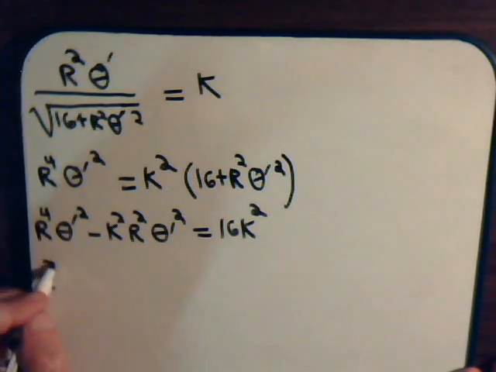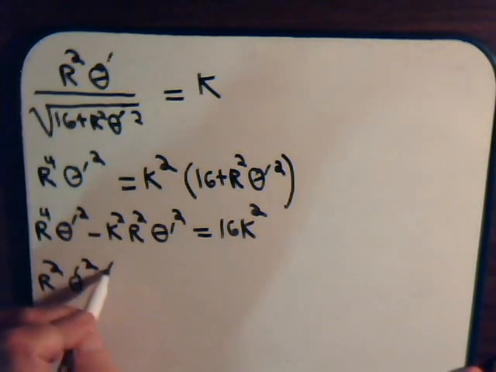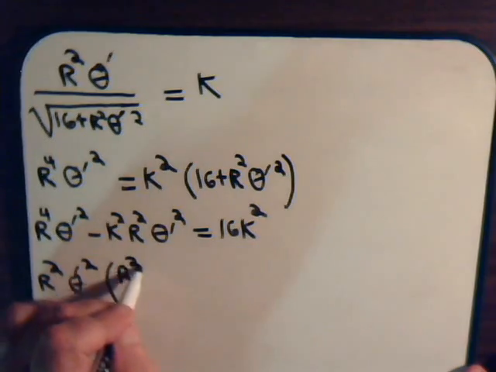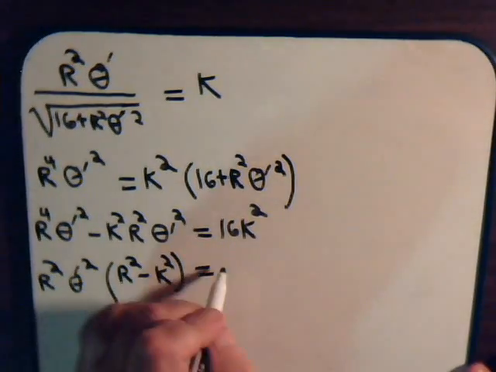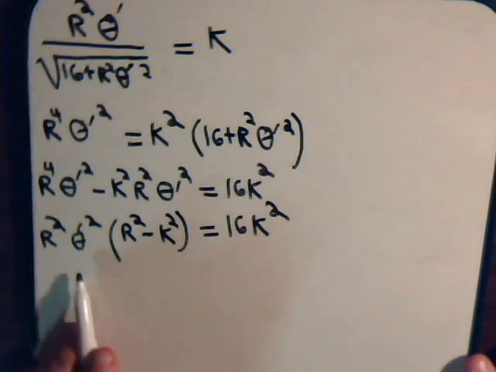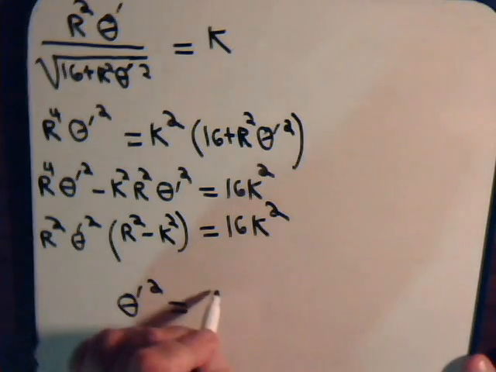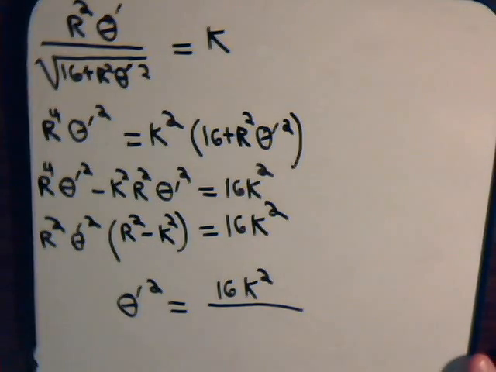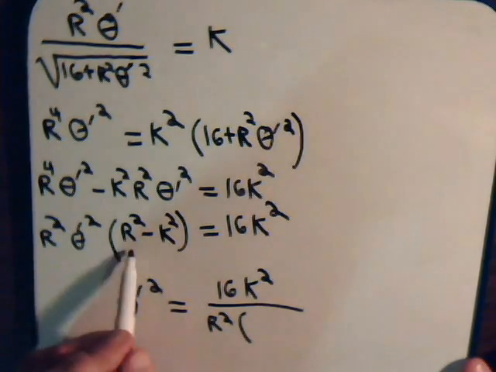We have r squared theta prime squared times, and here we'll just have r squared minus k squared equals 16 times k squared, or theta prime squared will equal 16 times k squared divided by r squared times r squared minus k squared.